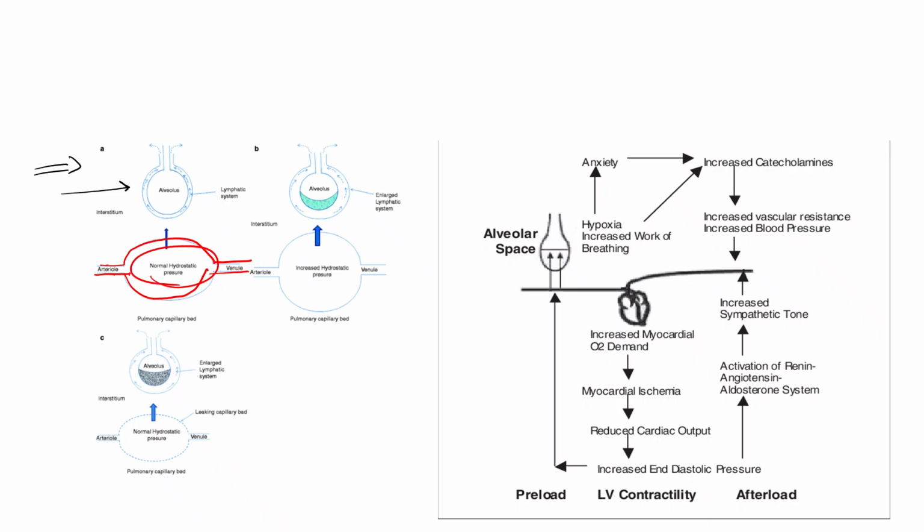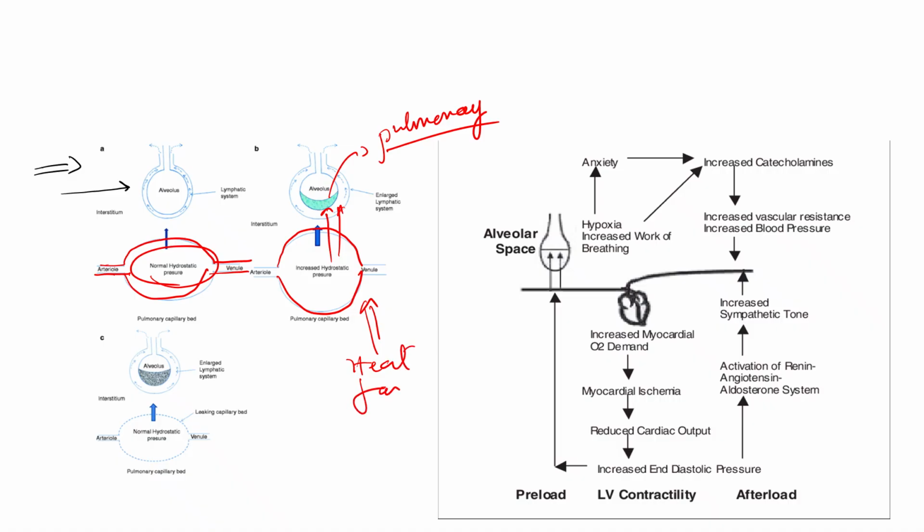But let's say if we increase the hydrostatic pressure in this capillary, the fluid will leak from the capillary into the alveoli, which results in pulmonary edema. So that's the first mechanism, increase hydrostatic pressure, which can happen in heart failure.